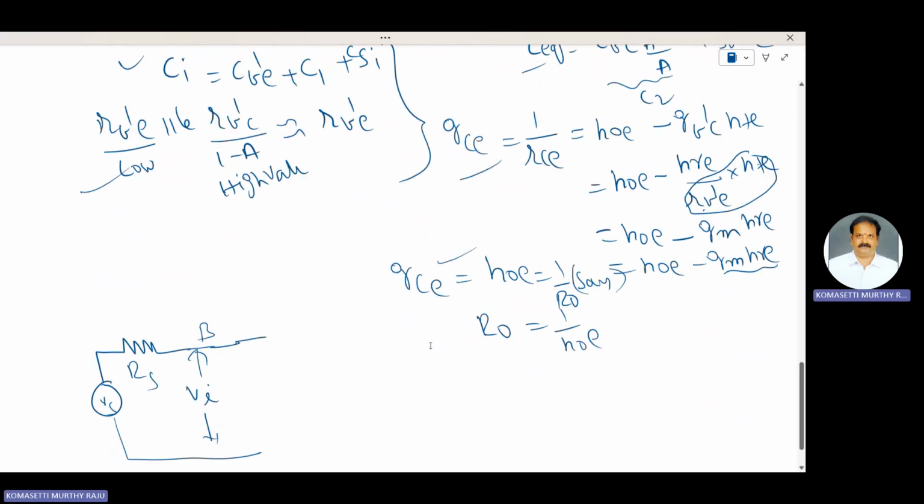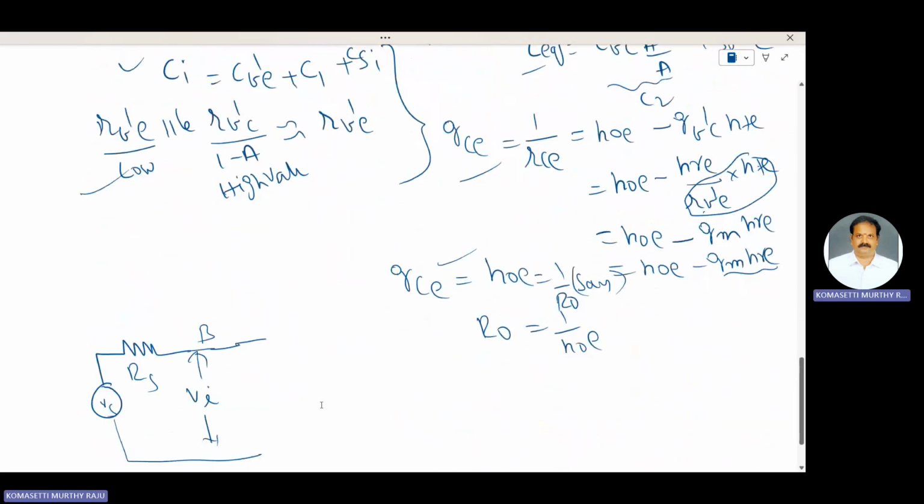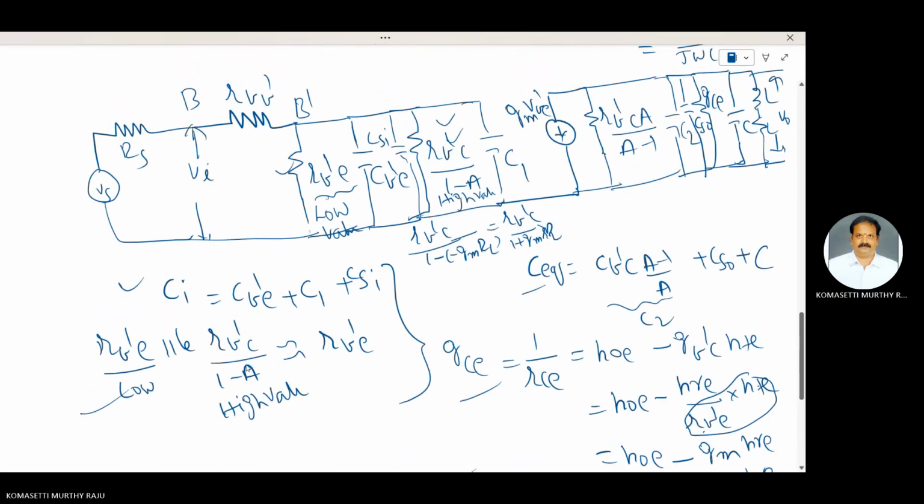Here some base spreading resistance RBB' is also there. Here B'. Here RB'E. The voltage across RB'E is VB'E.